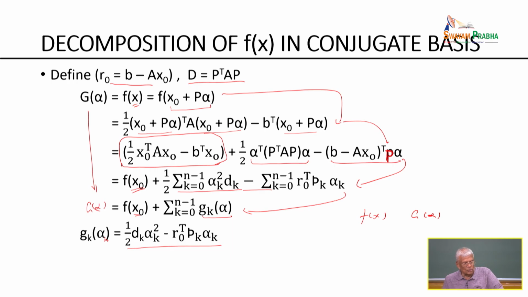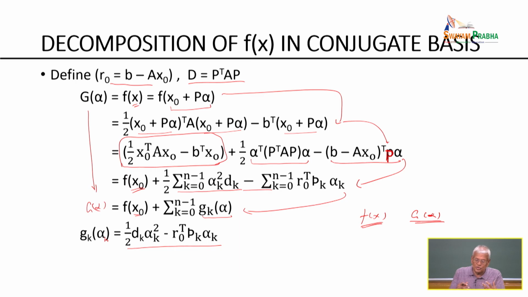I still have not told you how to find the conjugate directions, which we will do very shortly. The same point has two representations in the two bases. The function also has two representations in the two bases. The representation of the point induces the representation of the function. So, g of alpha represents the same function as f of x.